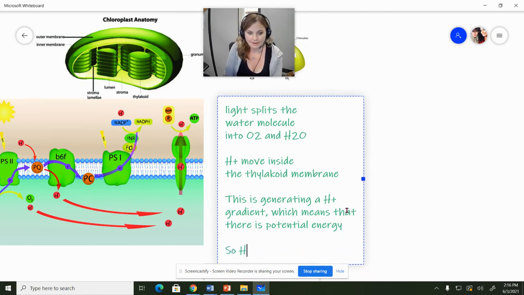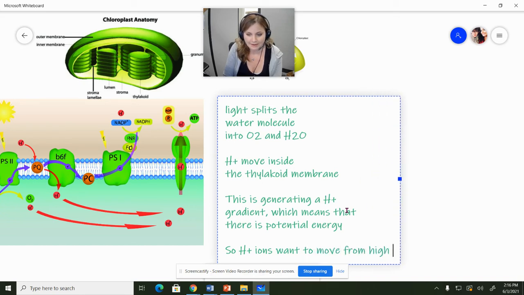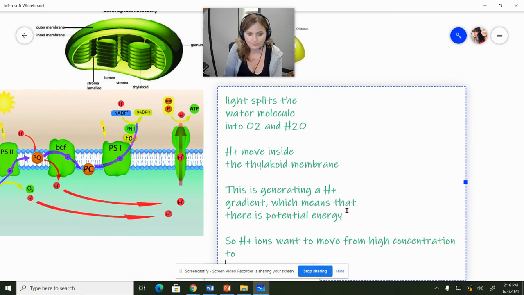I'm going to type this out. H plus ions want to move from high concentration to low concentration. They have to do this.